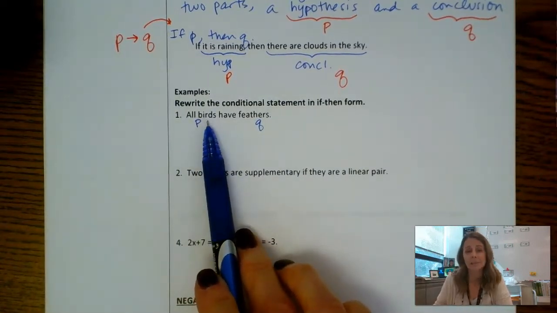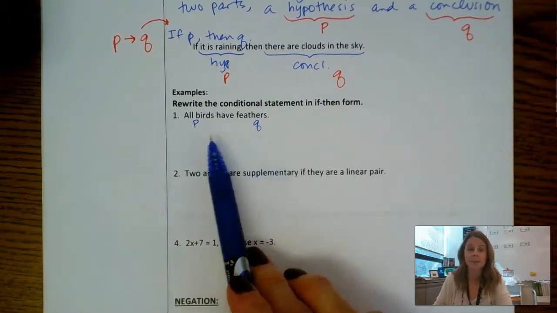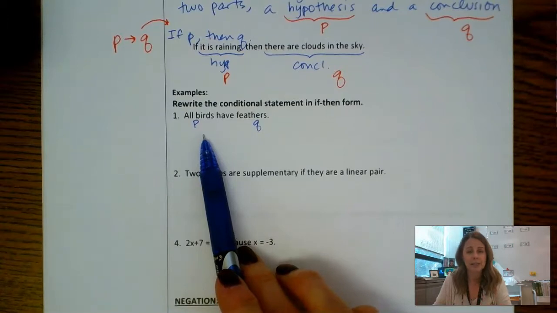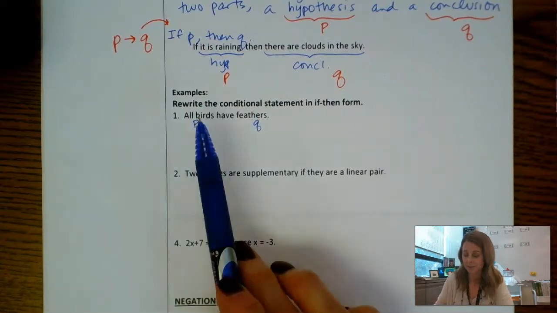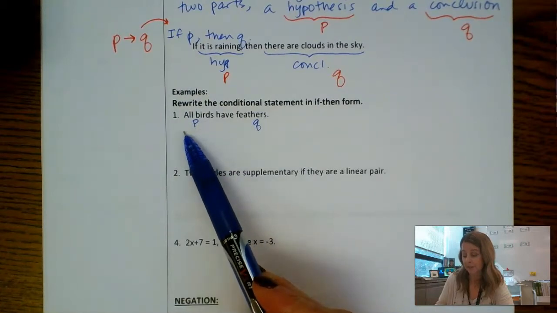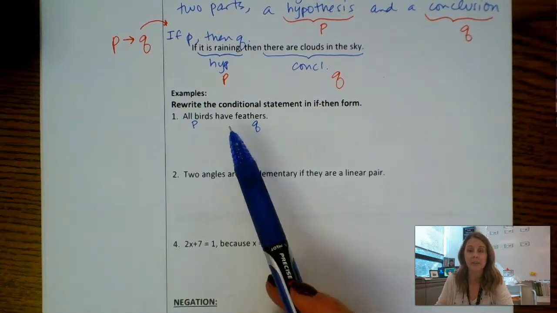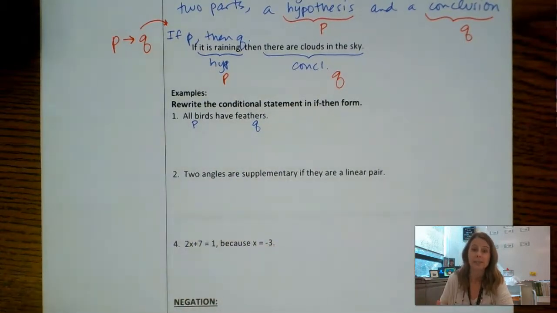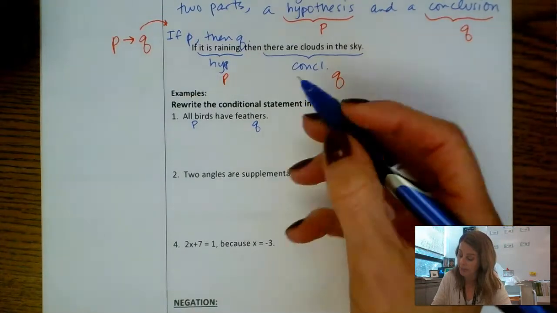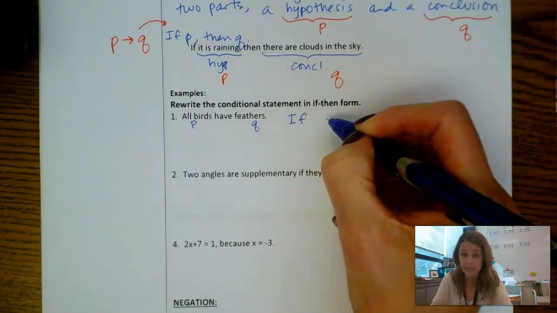And then I sometimes have to add words to make the sentence make sense. A lot of times students like to say, if it is a bird, then it has feathers. Well, you're using the word it too many times. It's not very descriptive. So we have to sometimes throw words in. I could say, if an animal is a bird, then it has feathers. I could use it at the end because I've already said animal at the beginning. So I'm going to go with that sentence.